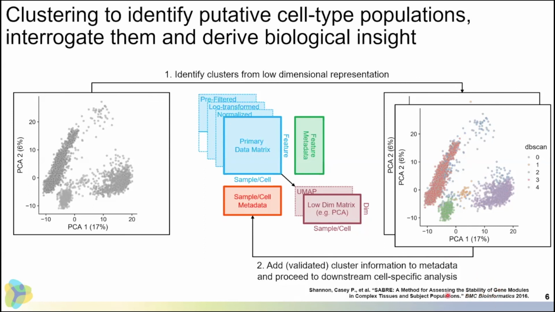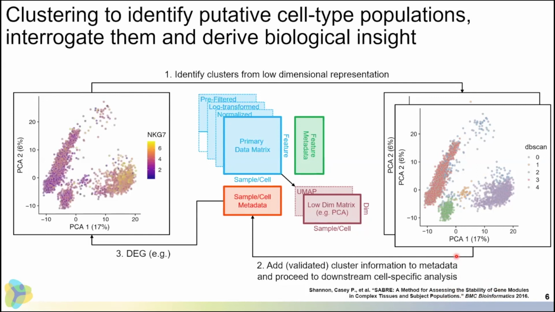And I included a citation here where we did something very similar when identifying correlated gene modules a few years ago. But you could also think about validating using biological information about the tissue that you're studying and leveraging the literature. So considering the clusters, the genes that define those clusters and comparing them to cell-specific signatures that you know about and seeing whether they line up properly.